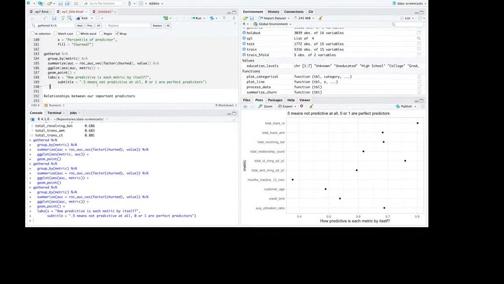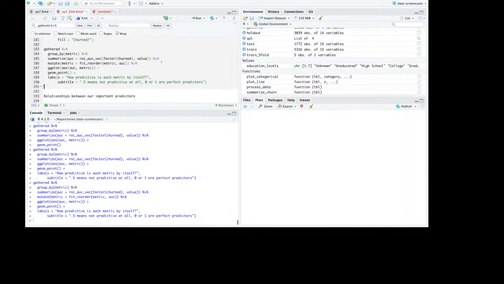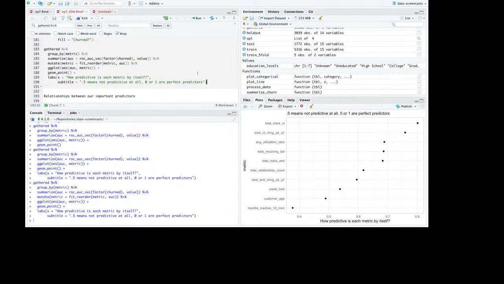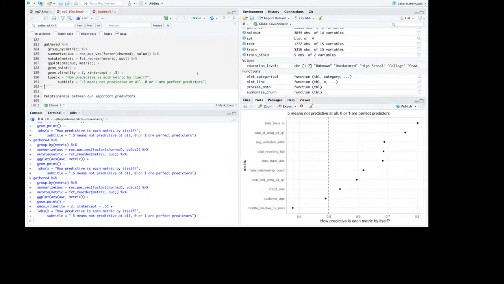Well, this XG tuning, it really is taking its time. And yeah, let's make this graph while we have it. We'll do metric is FCP reorder, metric by AUC, and do the geom V line out to Y is 2, X intercept is 0.5.